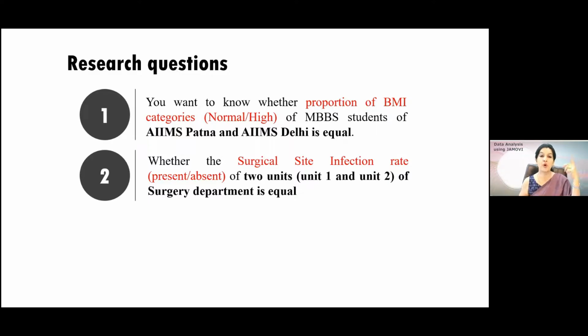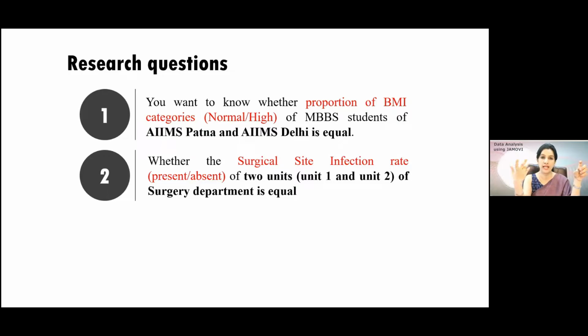So it is more like, can you recall that we compare the mean of 2 groups by independent sample t-test? So you can have this analogy of independent sample t-test with this chi-square test of 2 proportion. Because again, there will be 2 groups and you are checking the proportion and the difference of proportion in these 2 groups.